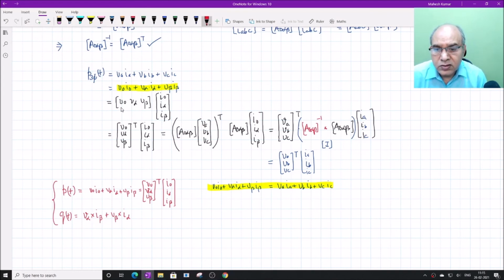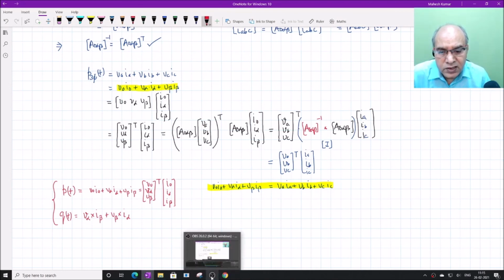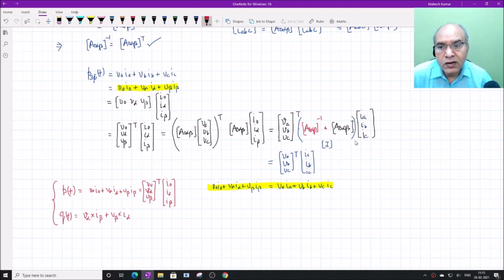We have understood how to resolve the ABC components in terms of the alpha beta components, and then based on that we also have ensured that the energy remains constant, and accordingly we have found the transformation matrix from either ABC to alpha beta or alpha beta to ABC.